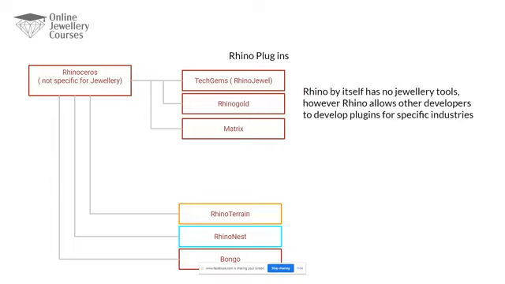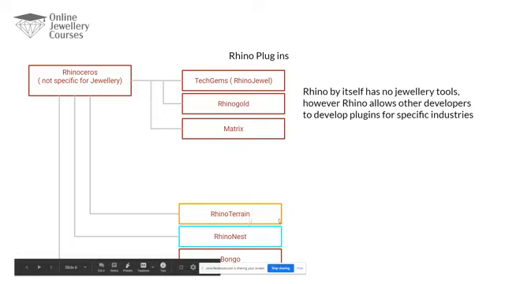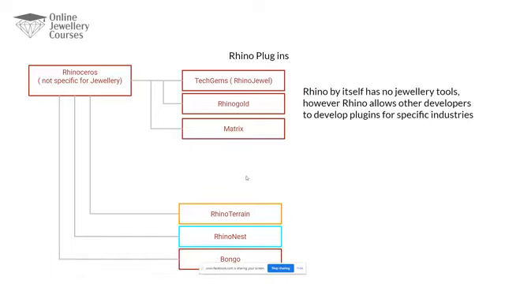They have specific jewelry tools like pave tools or finger sizes, these sorts of things. However, with Rhino, you can make other things. If you want to make architecture, you can use Rhino Terrain, Rhino Nest, Bongo for animations, and there are like hundreds. Okay? But they all depend on Rhino. So you need to install Rhino first, and then another little software. Okay?